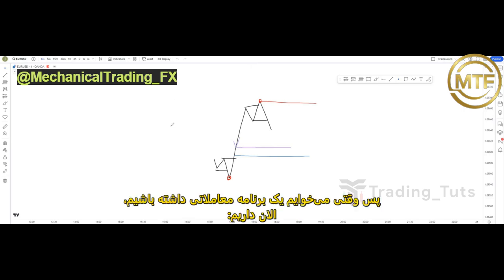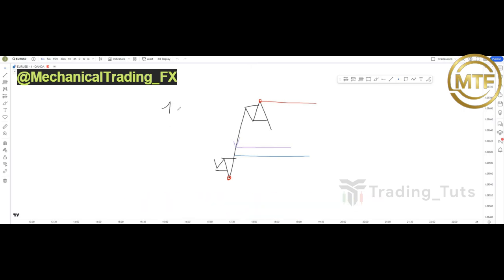So when it comes to having a trading plan, now we have, first of all, find your range. Second one, now we have find your key level. And third, what do we need? Liquidity just above.